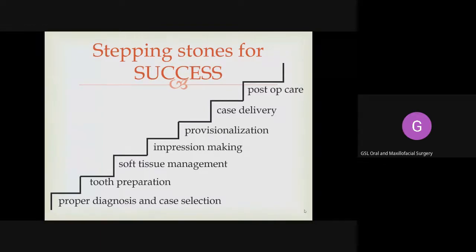It should be covered with some provisional restoration, which covers the prepared tooth and functions as an artificial tooth. It should maintain the occlusal contact with the opposing arch, and it should not allow the drifting of the adjacent tooth into the prepared tooth space.